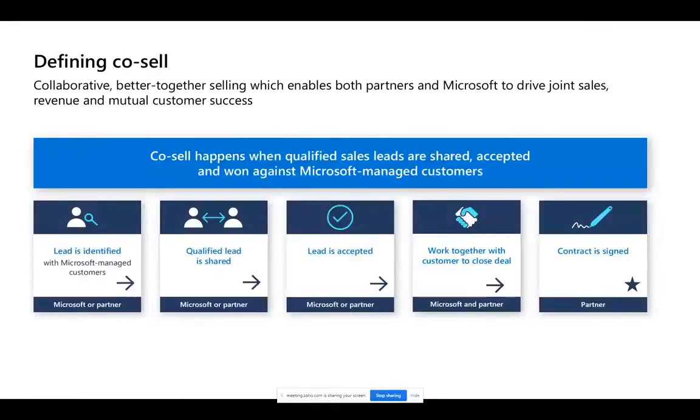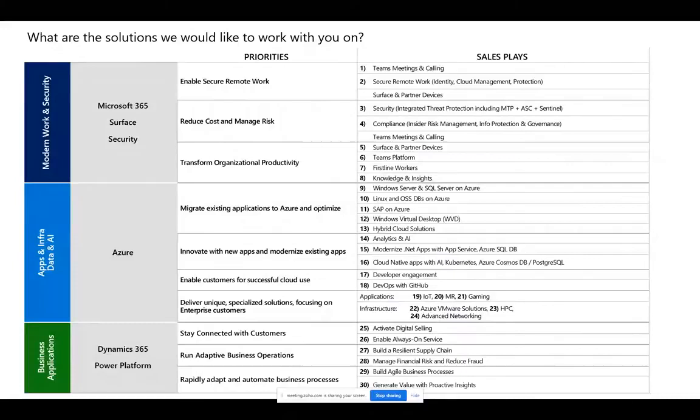You have Microsoft's logic of co-selling. For sure, this is something that we will take you through one-on-one later, post completion of this session, as and when you require it, right? And while you do this, you need to understand the typical solutions on which you can work along with us.